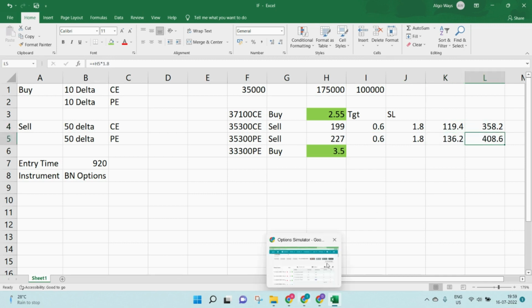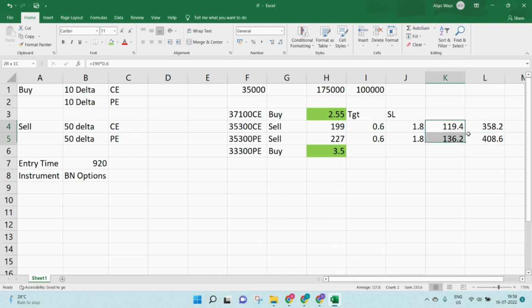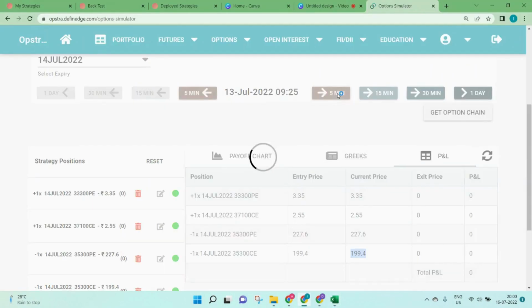We will not spend much time on Opstra today because we are not simulating the strategy. So let me just go on Opstra. These are the levels we have to remember. I'll go by 5 minutes initially.